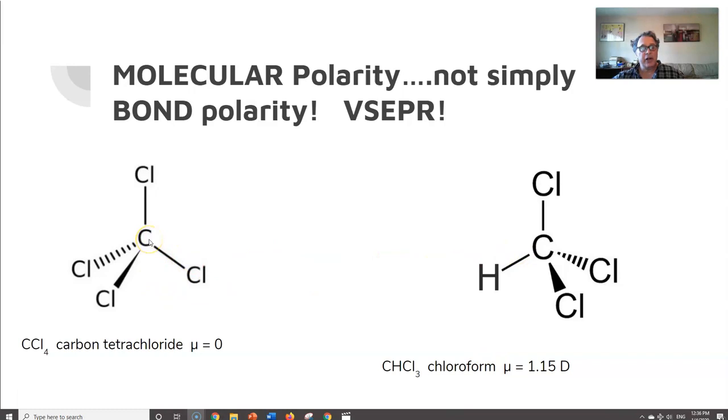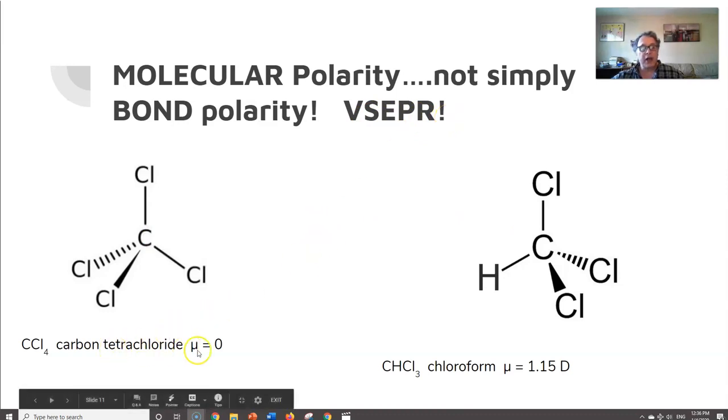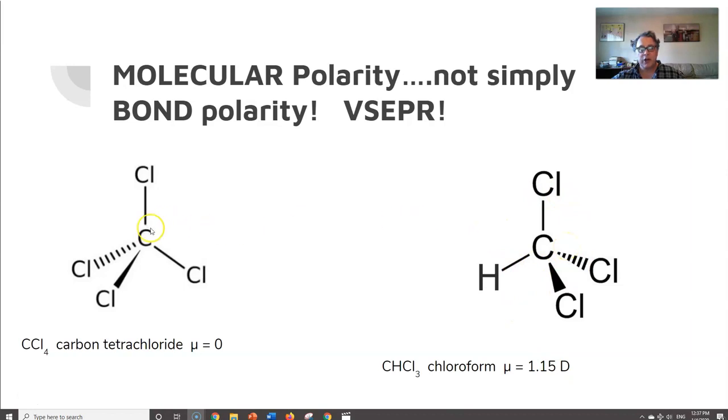They are AX4 VSEPR tetrahedral molecules. VSEPR is going to come back into the picture here. The dipole moment of carbon tetrachloride is 0. That means this is a non-polar molecule. It has no dipole moment. The dipole moment of chloroform is 1.15. That's rather large. And so that means that chloroform is a polar molecule.